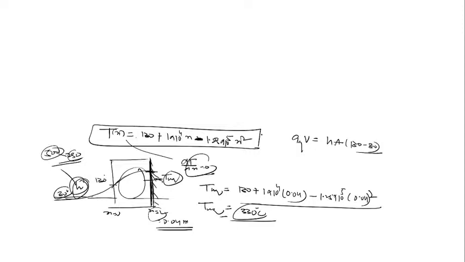I am only equating magnitude. Qg into area into 0.04 is equal to H into 100. How much Qg came, beta?